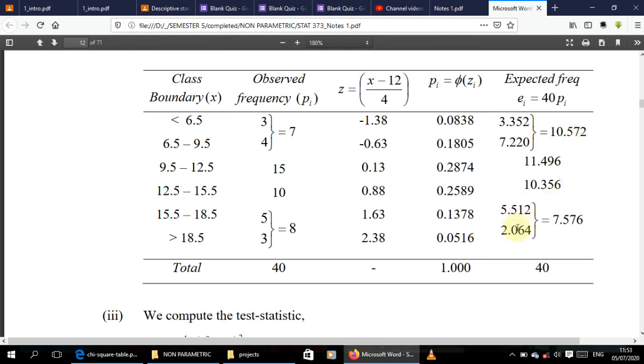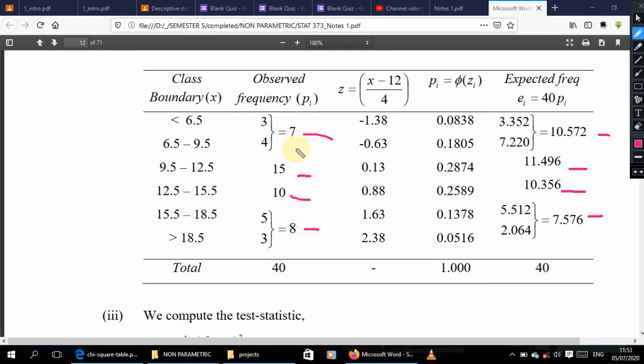This is also less than 5, add it to this. So now you can see that your expected frequencies have reduced to 4 classes. That means you have to do the same thing to this part. So when you add the whole of this, you get 40.